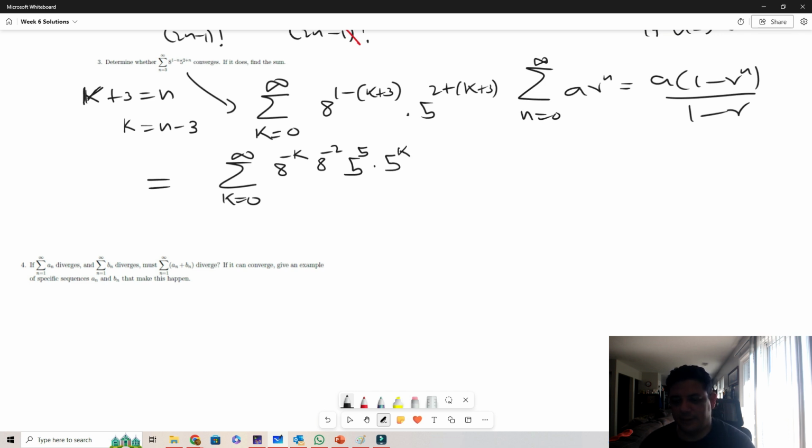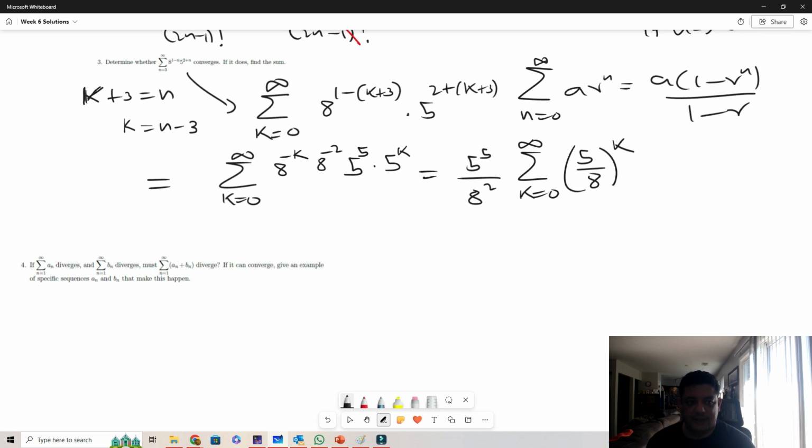So now I can remove whatever doesn't have a k on it, and so this is essentially 5 to the 5 over 8 squared, sum from k equals 0 to infinity of (5 over 8) to the k. And so now this is exactly something that we can transform into this geometric series. And so this is 5 to the 5 over 8 squared, and it's going to be (1 minus (5 over 8) to the n) over (1 minus 5 over 8).